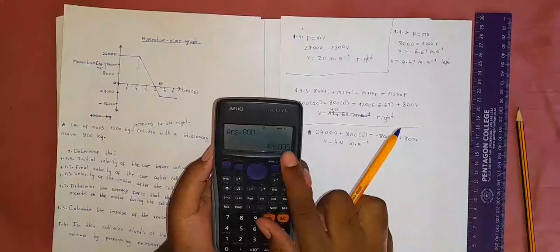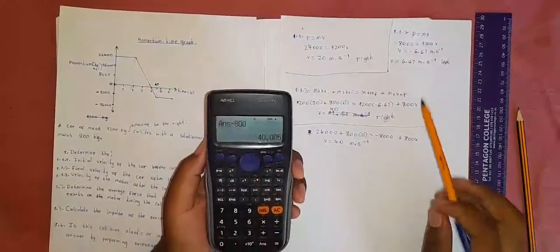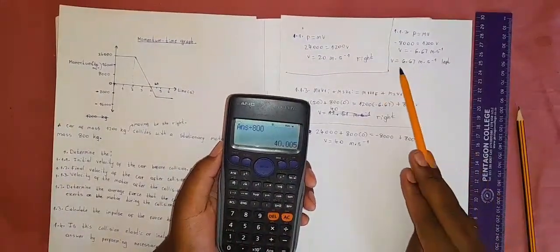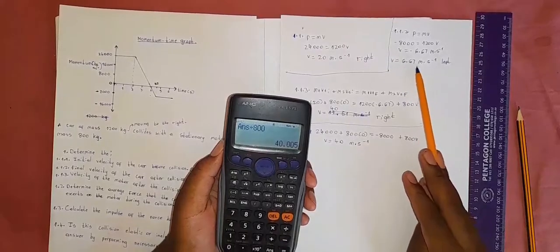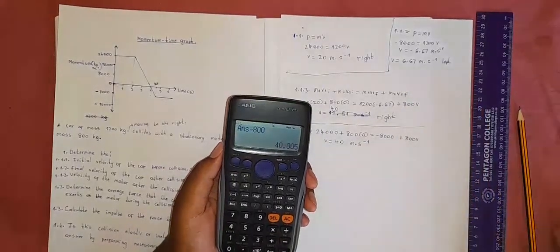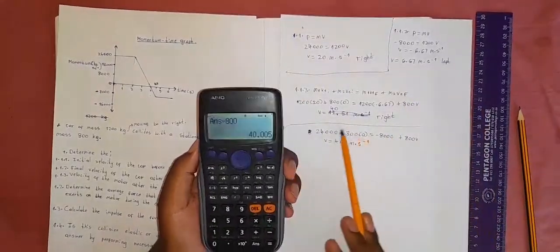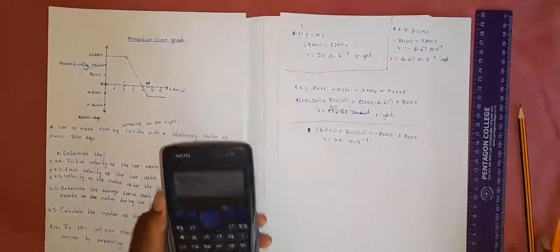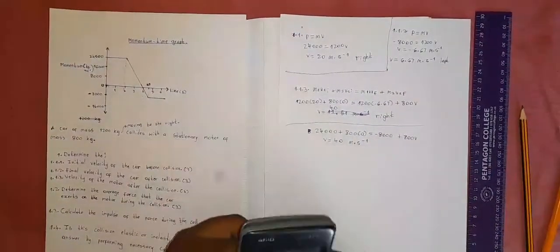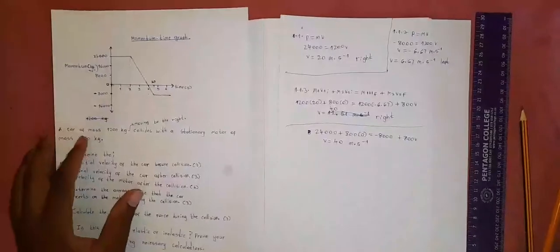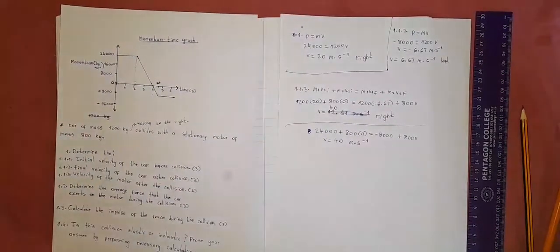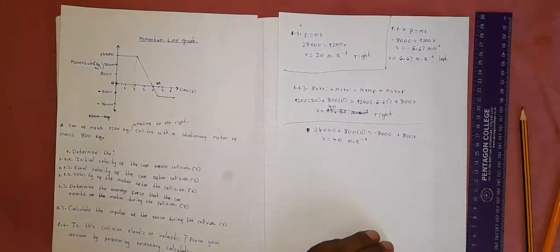The reason I didn't get 40 straight is because I rounded here. The real answer is 6.6666, continuing like that, but I rounded it. That's why I didn't get 40 straight. If you spotted the mistake, let me know in the comment section what I did wrong here. And yeah, let's continue.